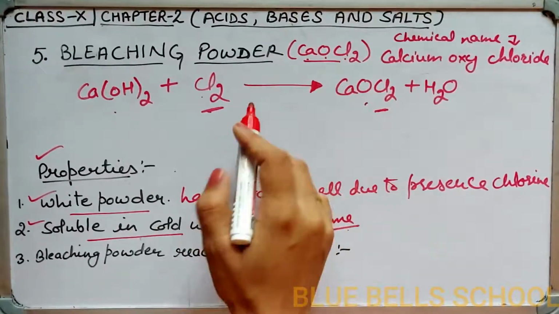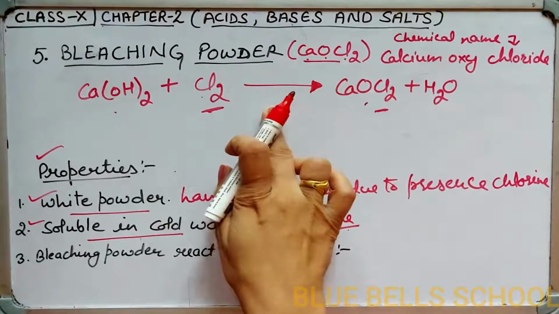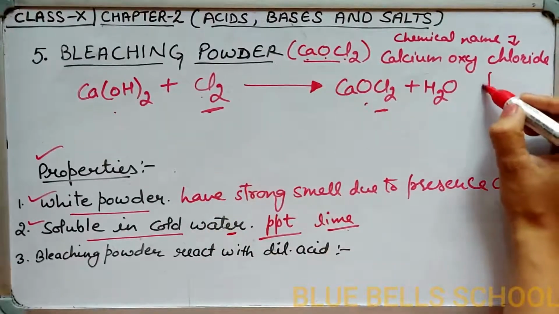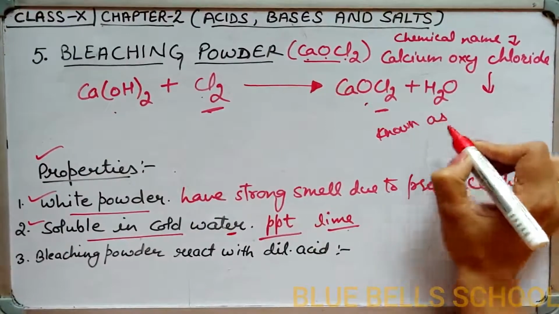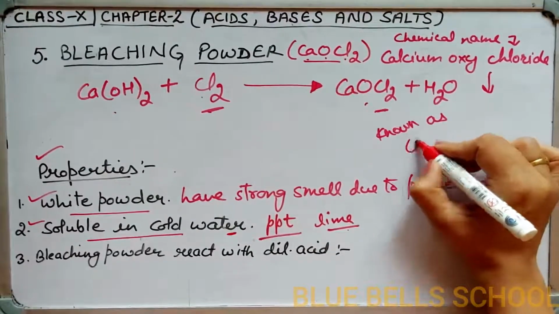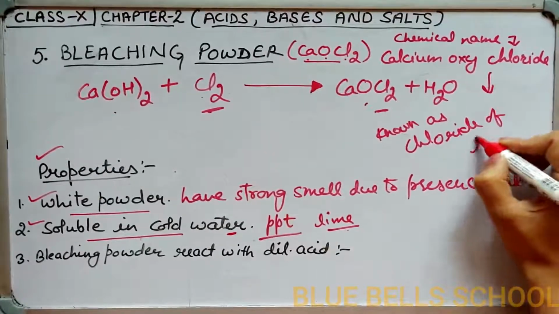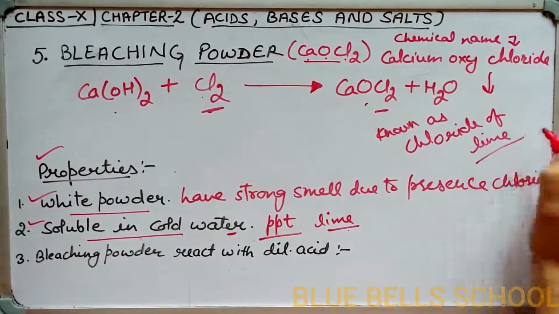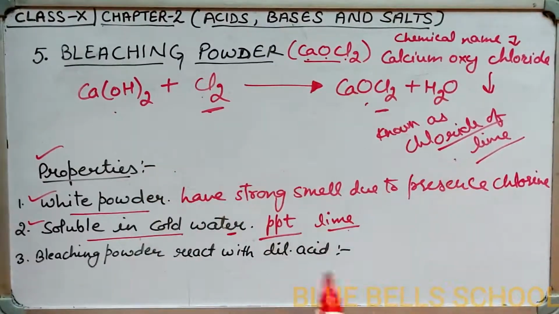I forgot one thing to tell you. Bleaching powder is also known as chloride of lime. Another name of bleaching powder.